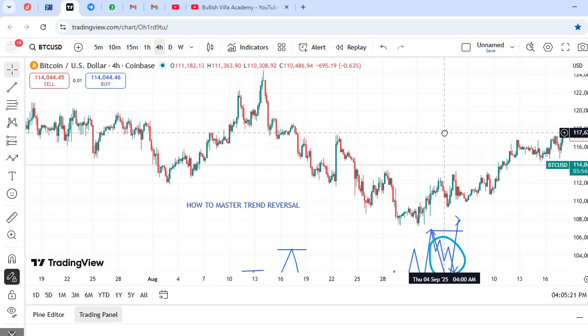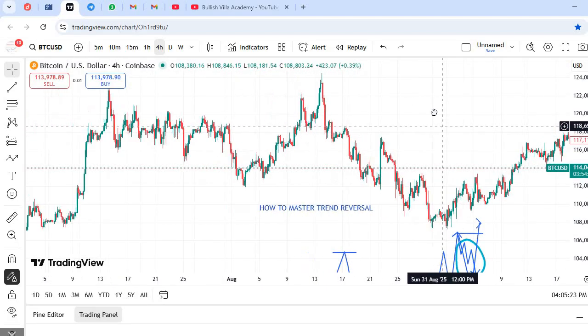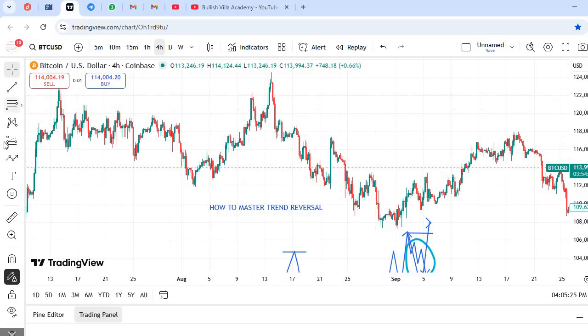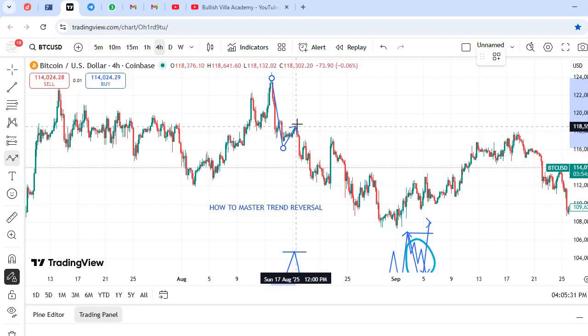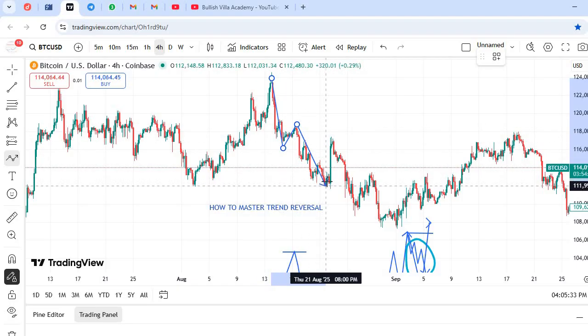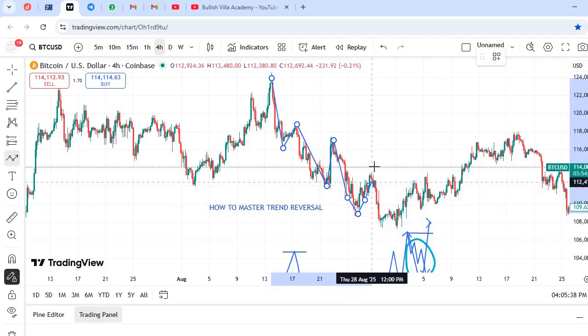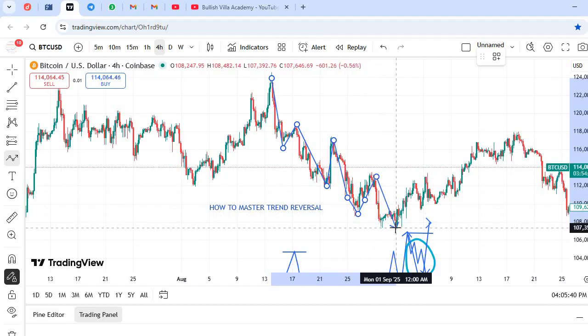So look at this chart now. This is on a 4-hour time frame. Low, high, low, can you see? A low, high, this is a low.